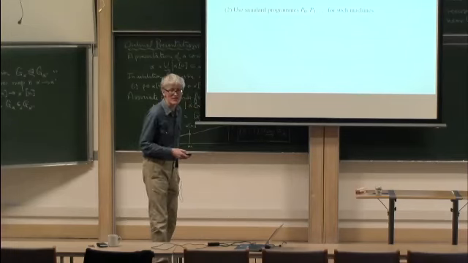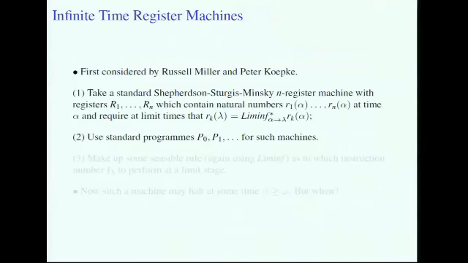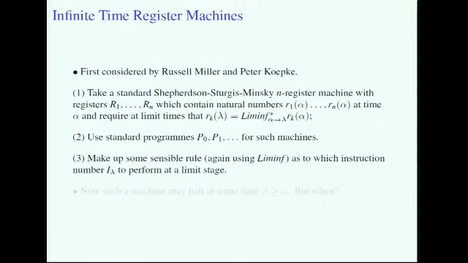And we just use standard programs for these machines. We don't have to change any of that at all. We've just by fiat set what's going to happen at limit stages. So we have to make up some sensible rule, and again, Miller, they just used, we've now just got a finite program, so they've said at limit stages they'll just say that the next instruction is the limit of the previous instruction numbers that have been used up to that point.